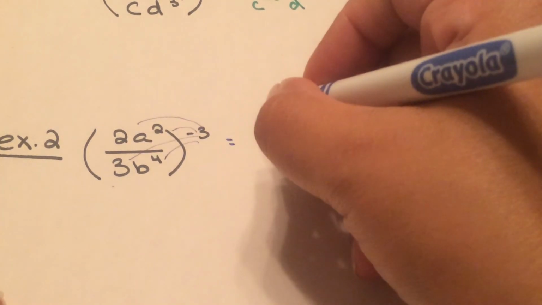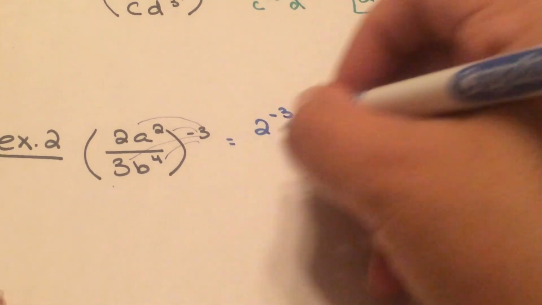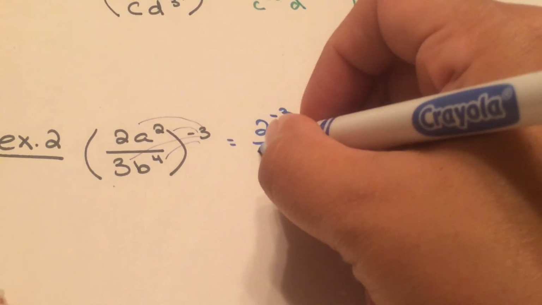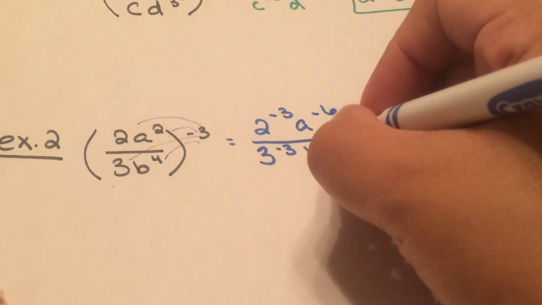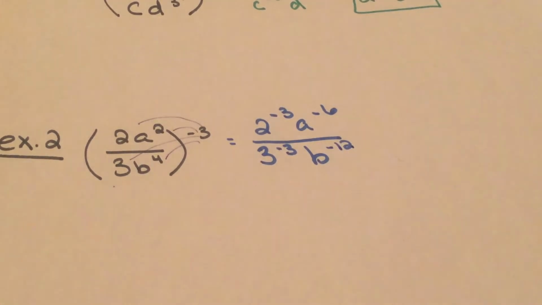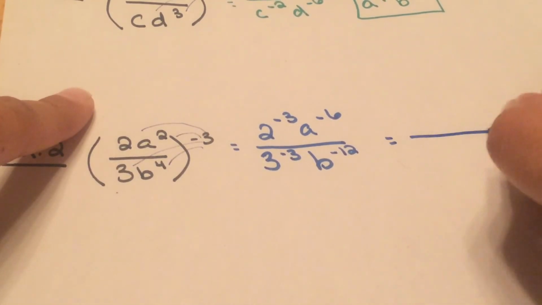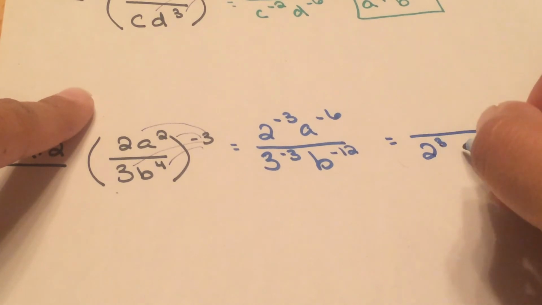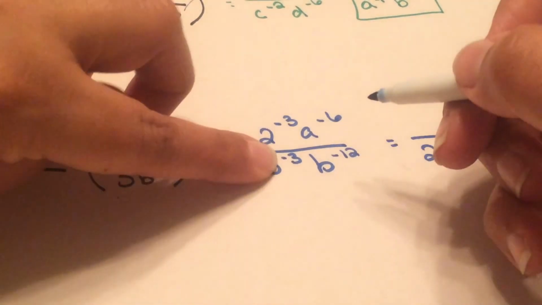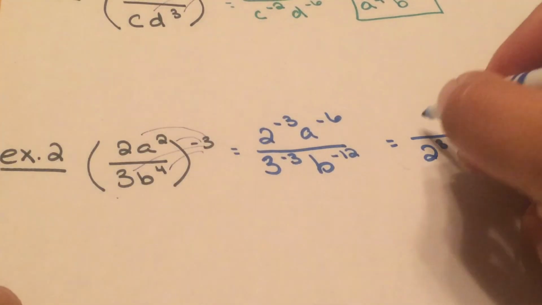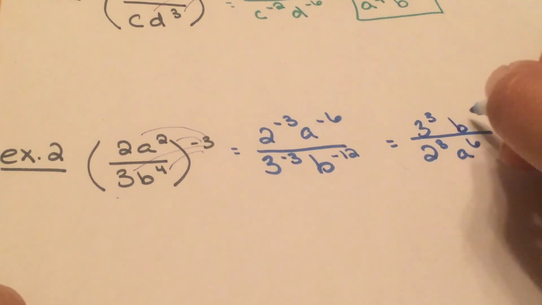So we would get 2 to the negative third power, a to the negative sixth, 3 to the negative third, and b to the negative 12th. Because we have these negatives, remember we have to flip them. So I'm going to flip my 2 to the third and my a to the sixth, and those are going to become positive. And I'm going to flip my negative 3 and my b to the negative 12th. So we're going to have 3 to the third and b to the 12th.